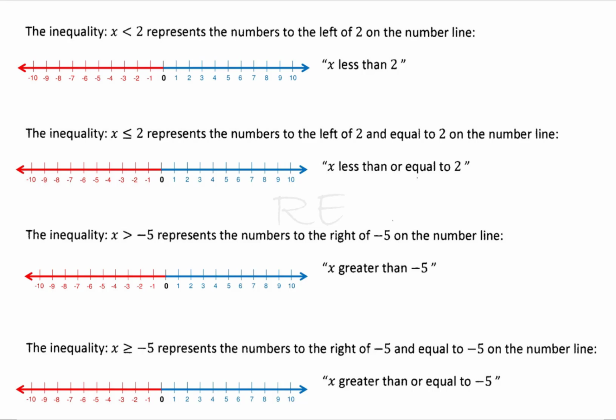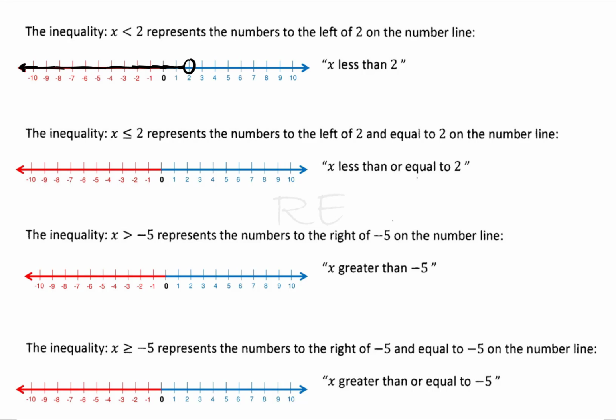X strictly less than 2. 2 is not included. So we're going to draw an empty circle at 2 and take all the values that are less than 2, which means the left values.